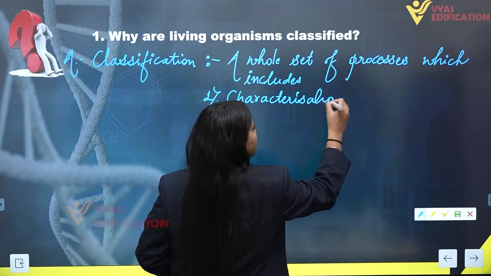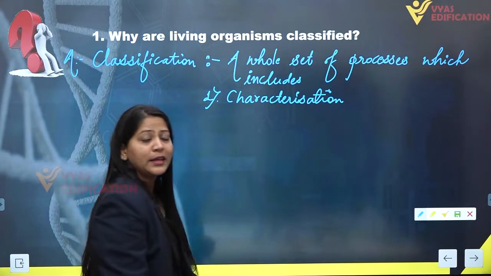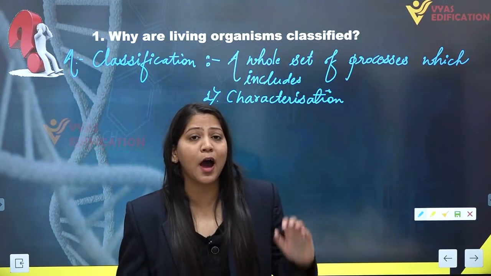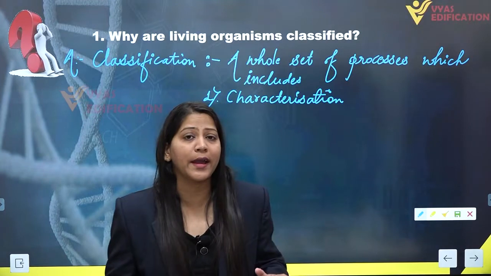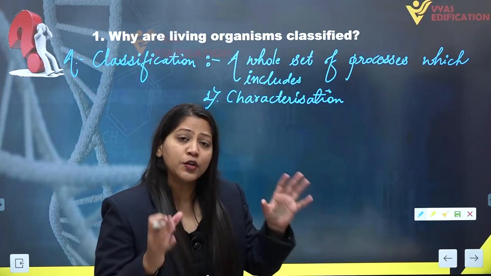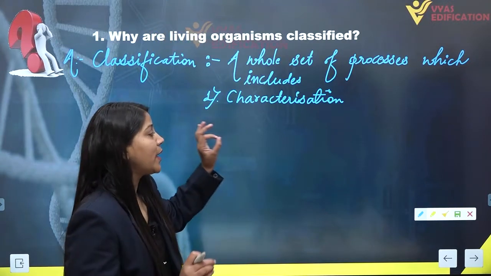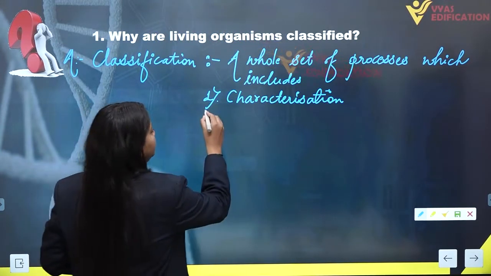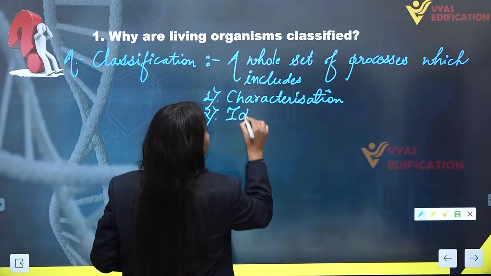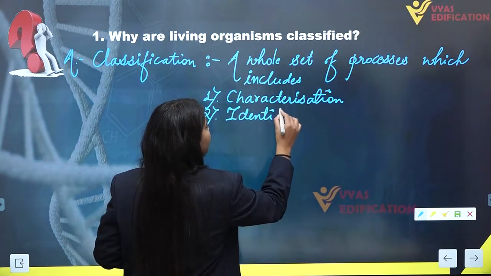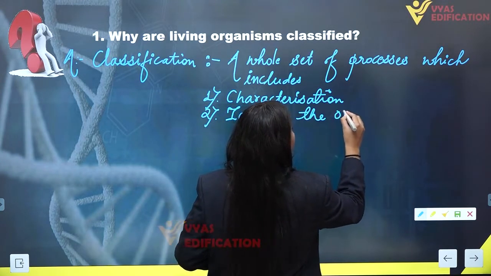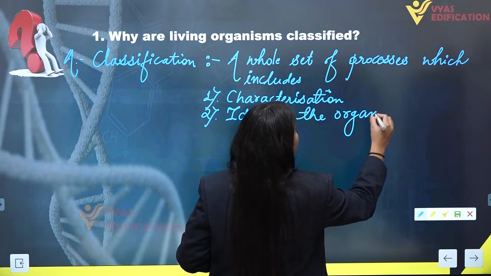in which we characterize the organism. We find what kind of characters are present in the particular organism which we want to identify, which we want to classify. Then after that we identify the organism based upon the characters present in it.